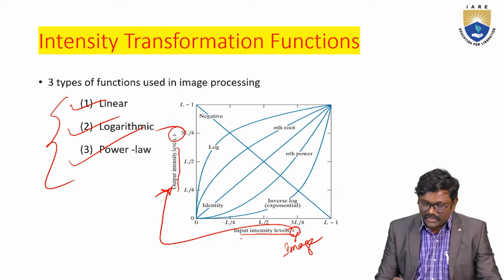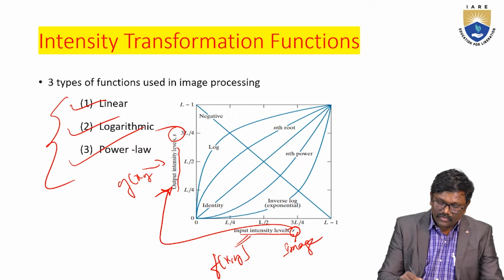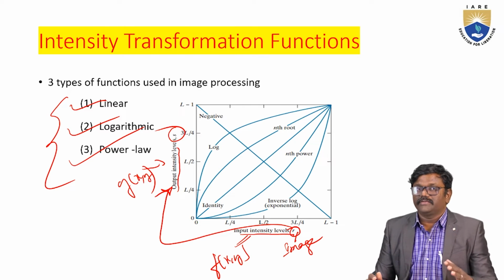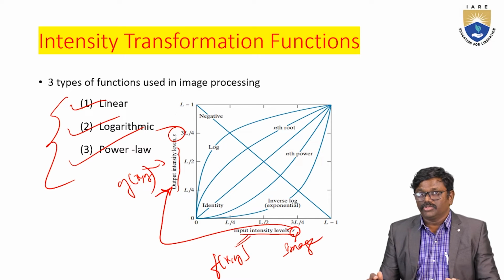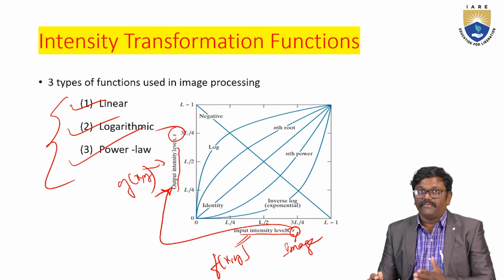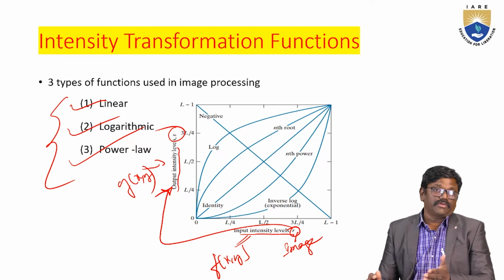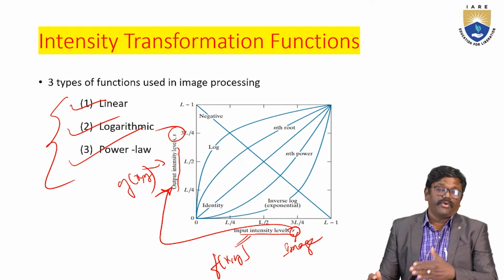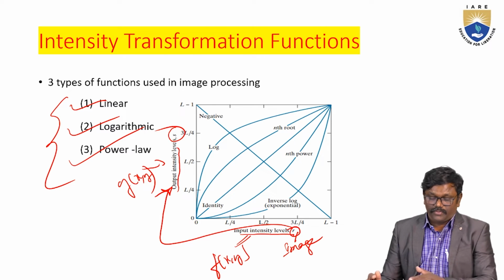So here it is completely called f of x comma y, whereas here it is g of x comma y. That means all three types of functions are transforming the intensity of the pixel values from f of x comma y, your objective, towards g of x comma y, which we are going to understand from these characteristics.